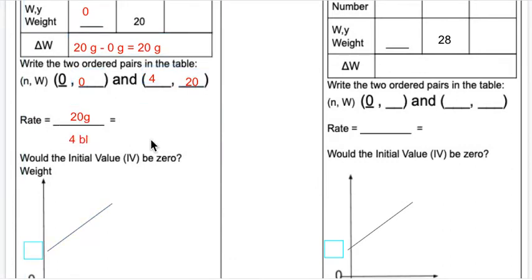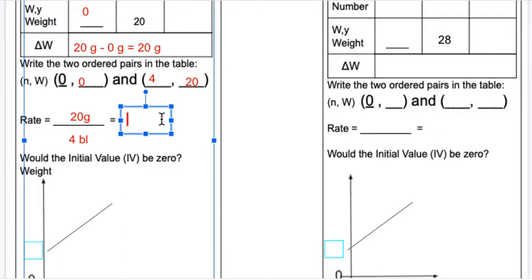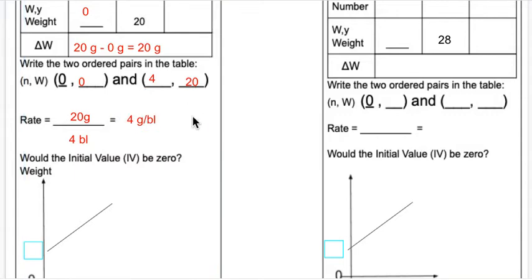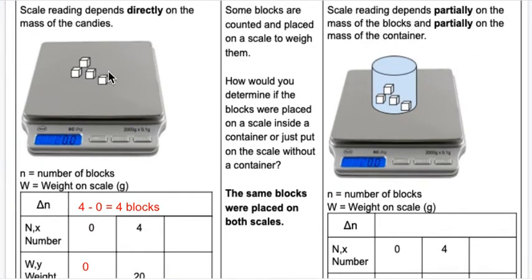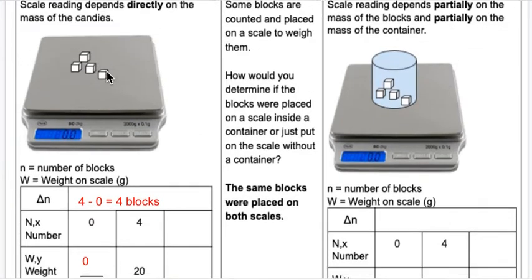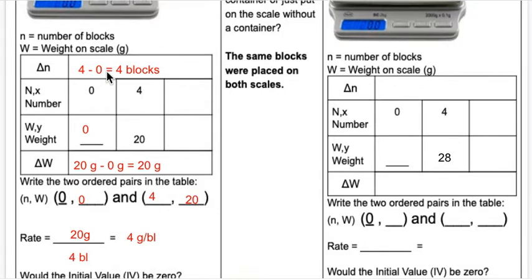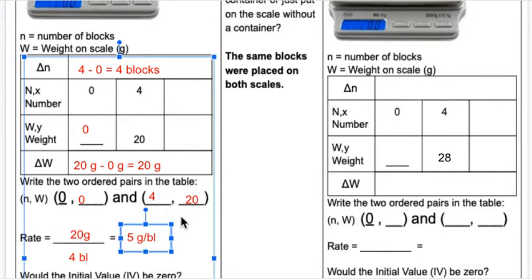So 20 divided by 4 is 5 grams per block. That's the rate. In other words, every single time I add a block, it weighs 5 grams. Sorry, I said 4 earlier, but 20 divided by 4 is 5.